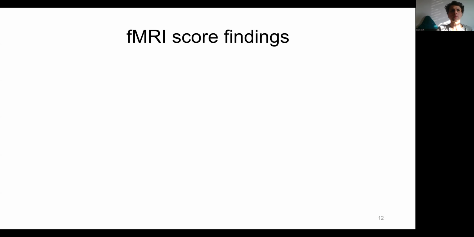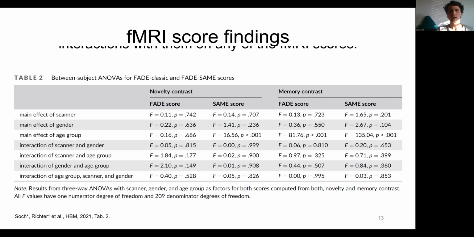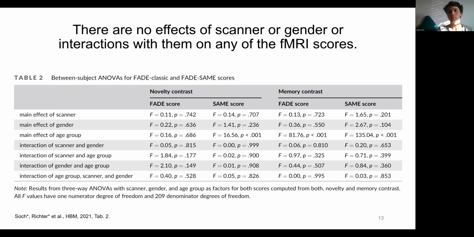So if we calculate these two fMRI scores for our two contrasts, novelty and memory, for our group of older subjects, what do we observe? First, there are no effects of scanner or gender or interactions with them on any of the fMRI scores. We only see main effects of age group for all of the scores except the novelty FADE score.